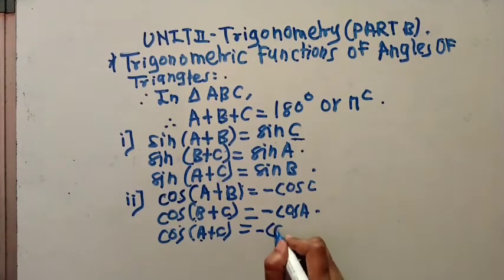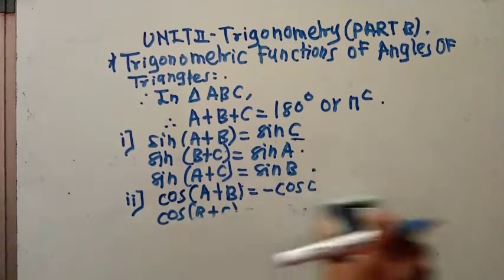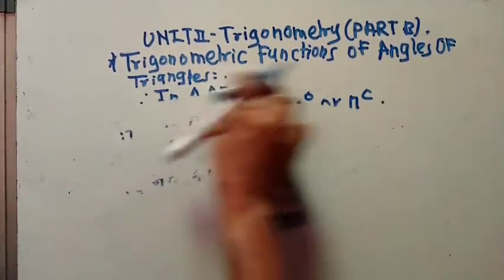Cos(A+C) is minus cos B. Then we give the proof.